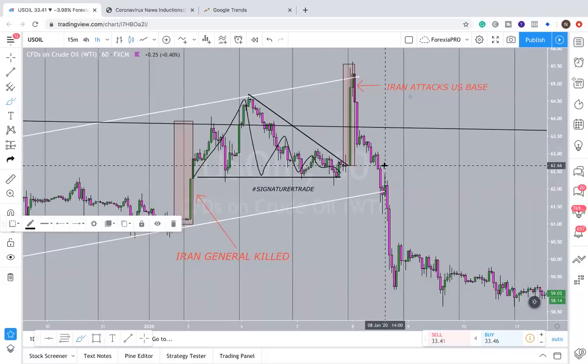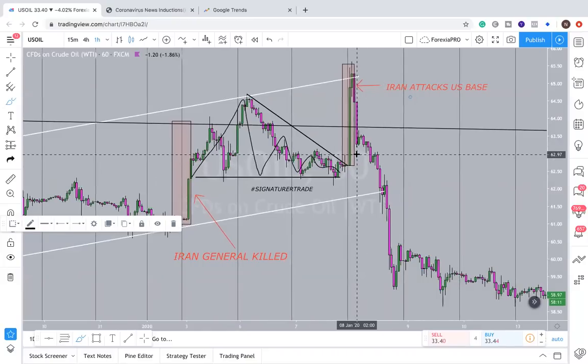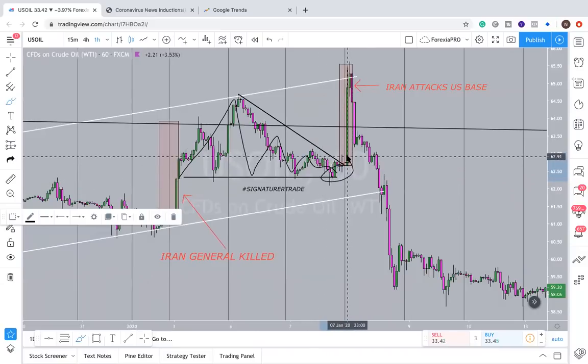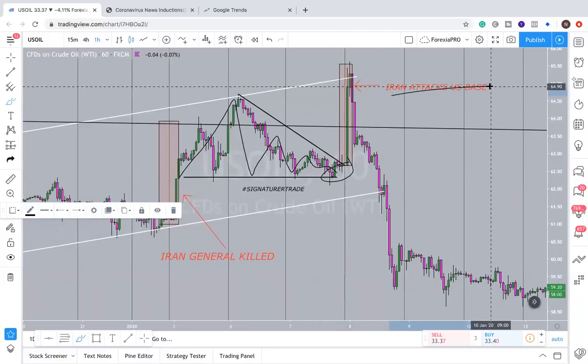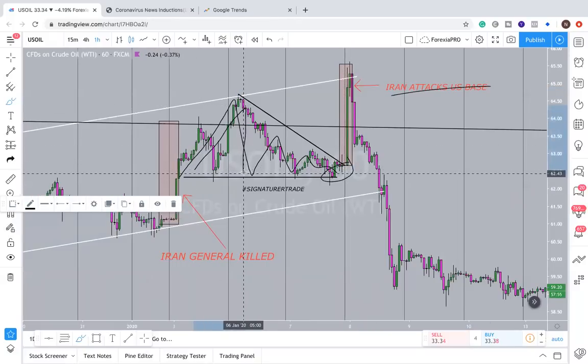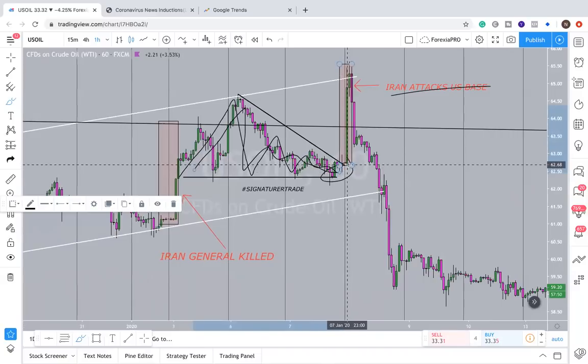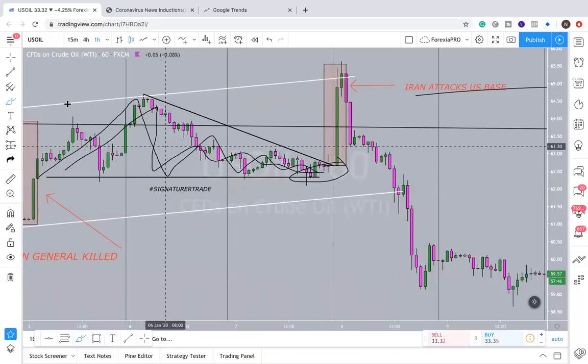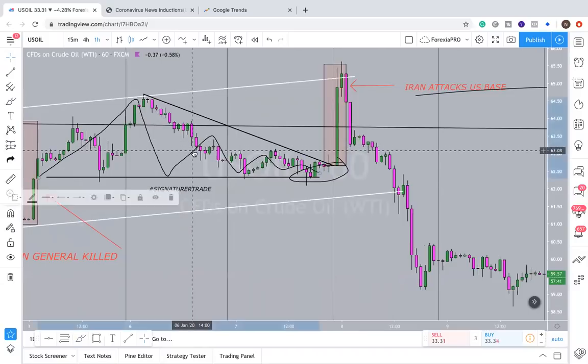Because how is it that at the exact point of this wedge where a breakout is necessary, just coincidentally, Iran attacks the U.S. base, exactly after creating this wedge, at the exact point of the breakout, as if it was just a coincidence, right?